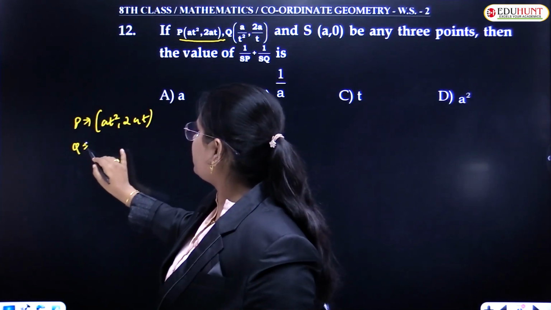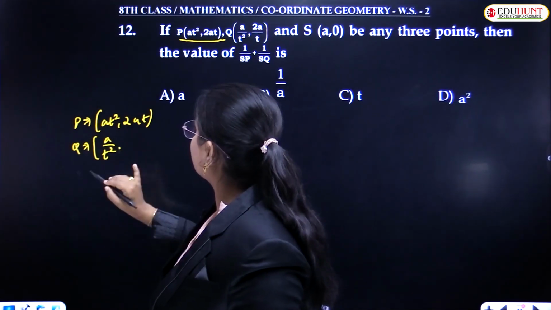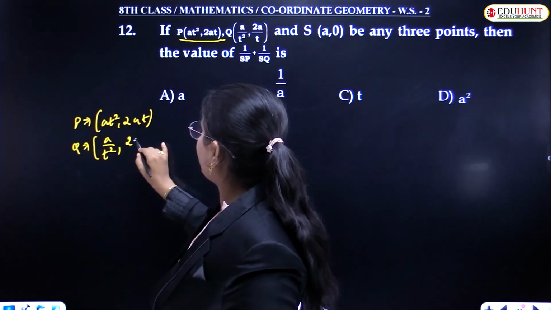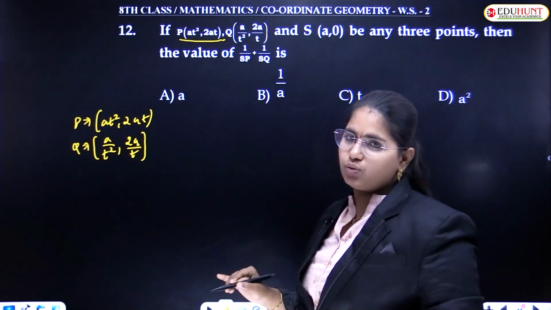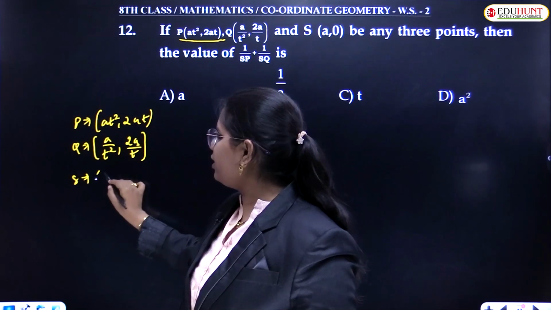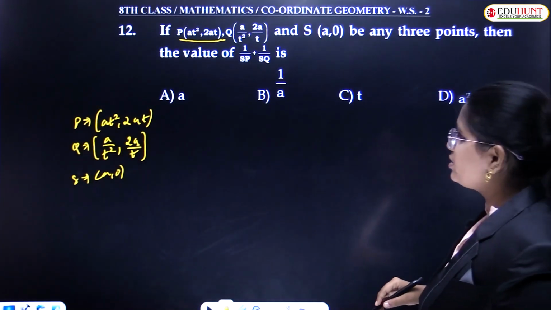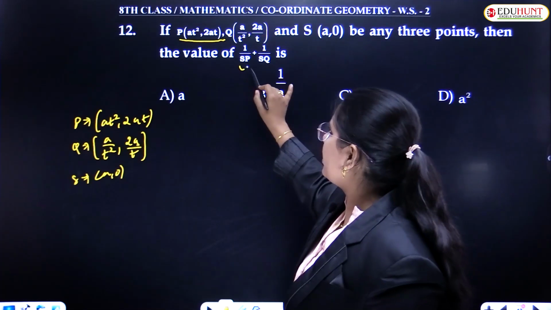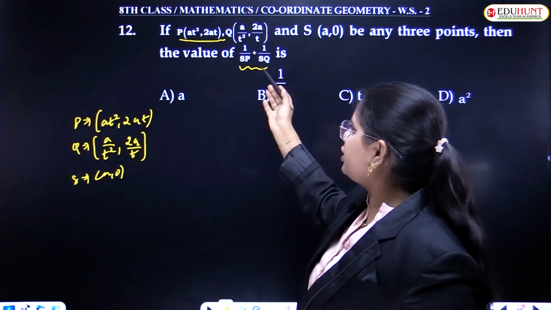What is the Q point? (a by t square, 2a by t). Correct? So we are given two different points and also we have S. What is the S point? (a, 0). Given these 3 points, you need to find the value of 1 by SP plus 1 by SQ.